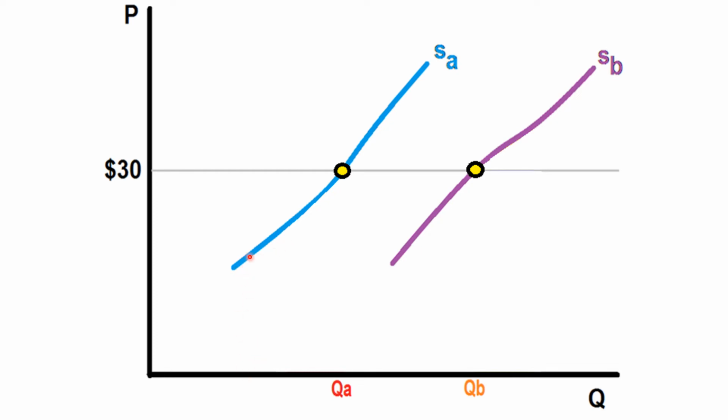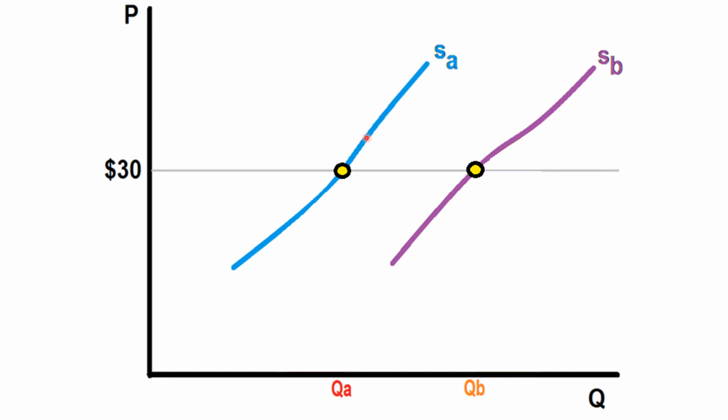So the total cost, say maybe for this last unit produced, would be the area under the supply curve for this firm. Once we hit this magic equilibrium point, we have a situation where marginal benefit equals marginal cost, the marginal benefit being the price that the firm gets to sell at.